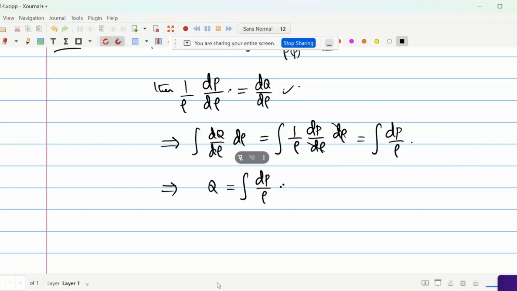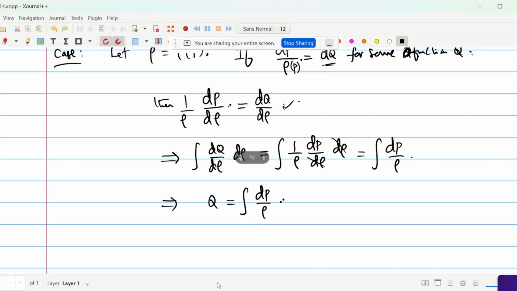This is simply a differential equation. You see it like dq by d rho equals something, with that put on the right hand side. Rho is a function of p, so p is a function of rho also, you can think, so they depend on each other.